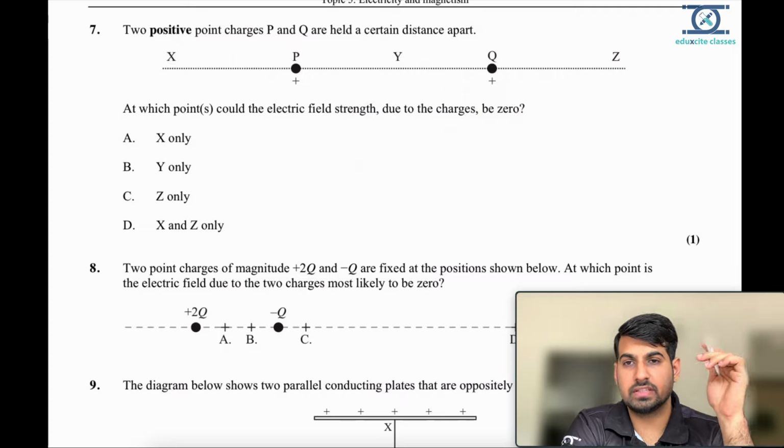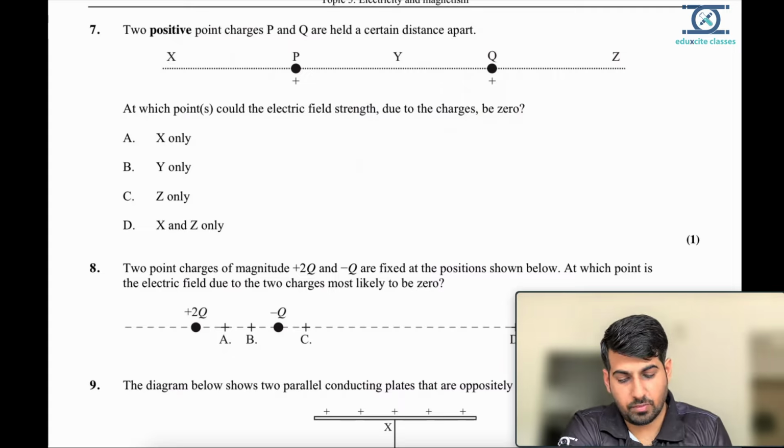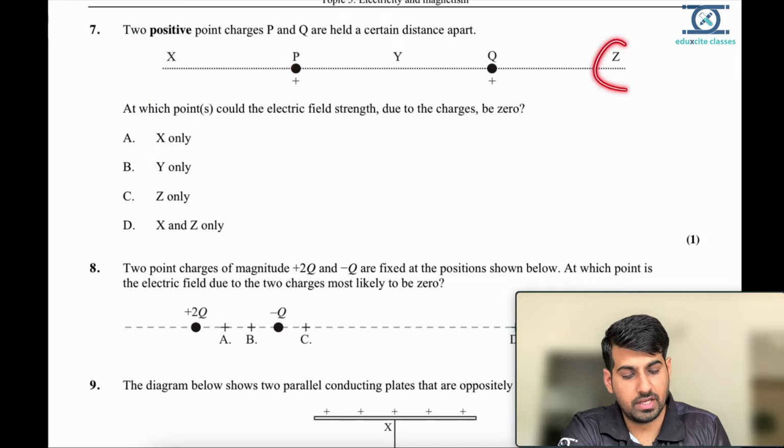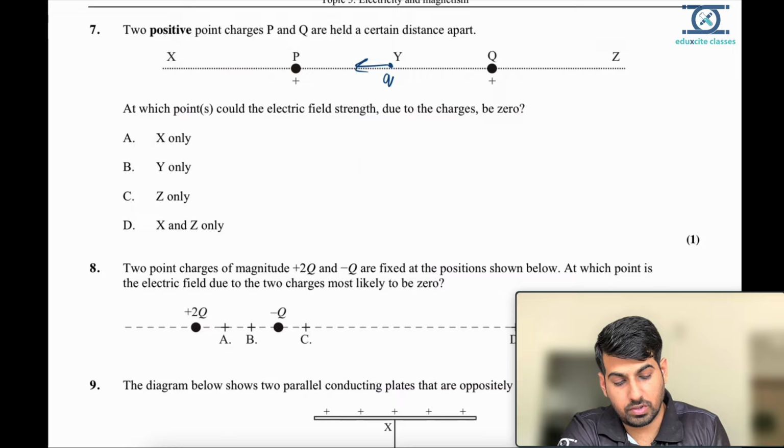So if you put it here or at x, due to positive this will repel and this will also repel, so both are in the same direction, not possible. Here also not possible, so only at this position, if you put a positive q, due to q it will repel, and due to p it will repel the other way, so they will get cancelled out, so it will be 0 at B only. Okay.